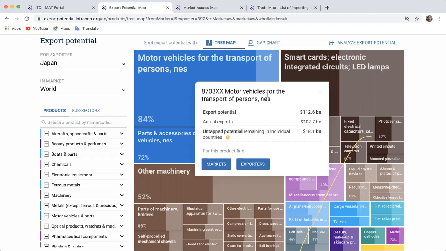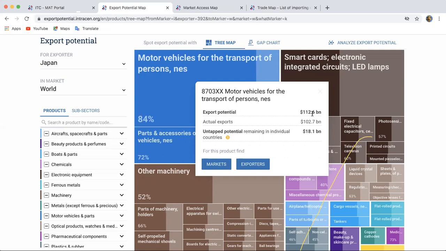And for example, for motor vehicles for the transport of persons, we can see that there is a double X. This is because it takes a few different HS, so 6-digit product codes together to be able to say motor vehicles for the transport of persons. So if you go to the correspondence table for this product code, you can find out which products are below this code.